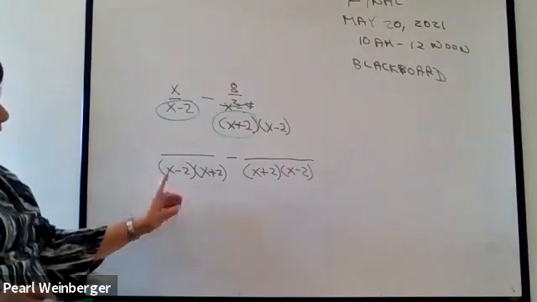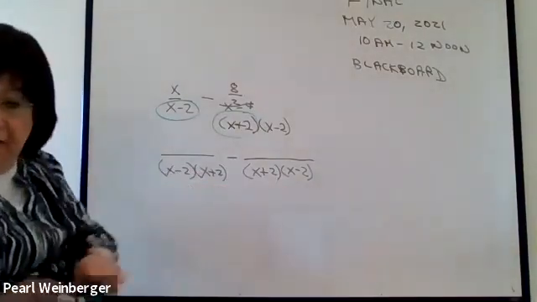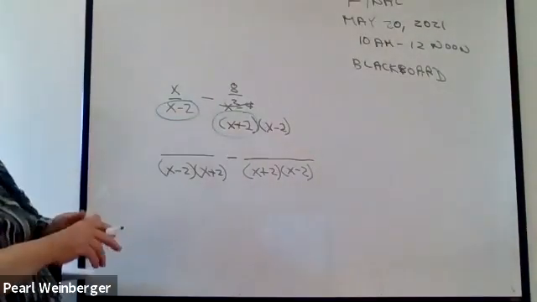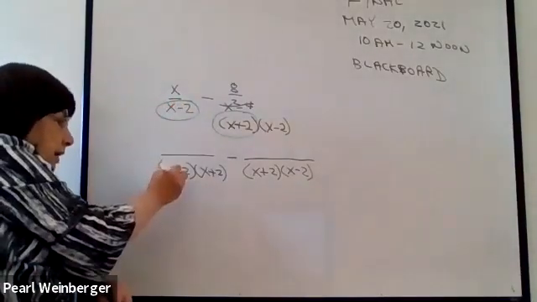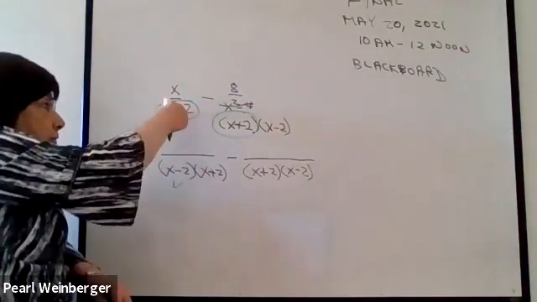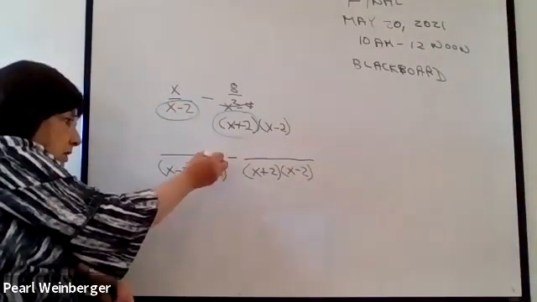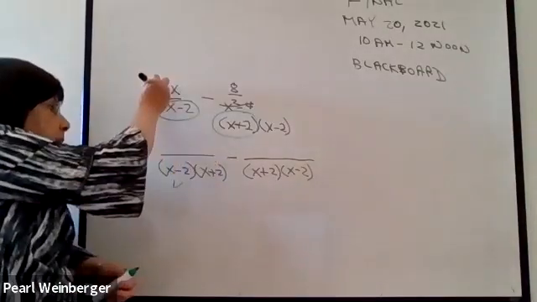So I'm going to have to get an x minus 2 and an x plus 2 for both of these. If I compare this, here I have x minus 2. What I don't have over here is x plus 2. This is what I have to multiply by.